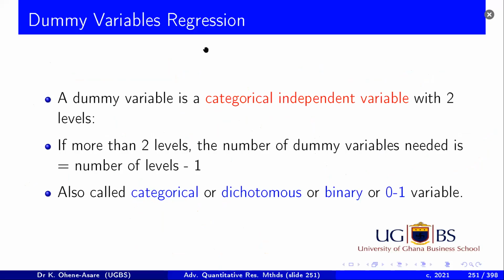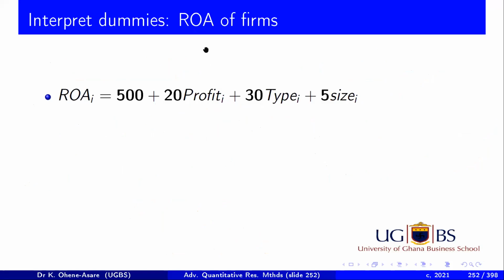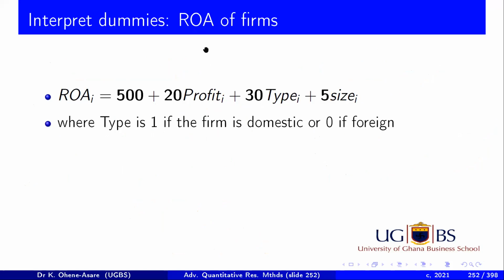All right, so some of the names for dummy variables are binary, dichotomous, 0-1 variables, and all of that. So look at this dummy variable. In fact, we will learn how to interpret dummy variables, but I want to just give you one interpretation of this one. Return on assets depends on a constant, 500, and then 20 times profit.